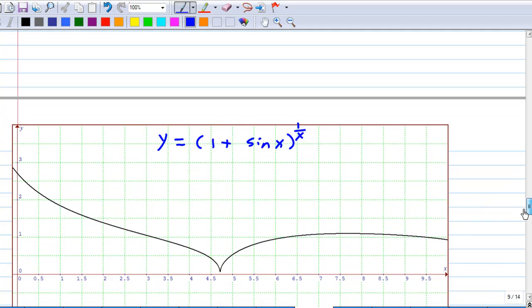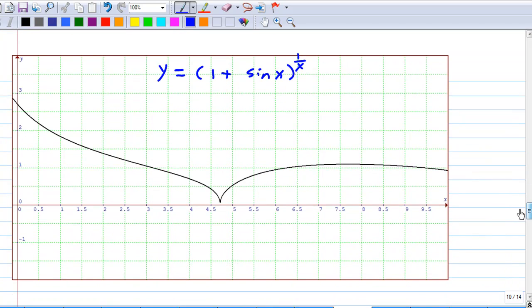Now let's look at the graph of (1 plus sine x) raised to the power x. This is an interesting graph of y equal to (1 plus sine x) raised to the power x. But what we are really interested in is what happens when x approaches 0 from the right. When x approaches 0 from the right, what happens to my y? Notice that y has this value, which is about 2.7.